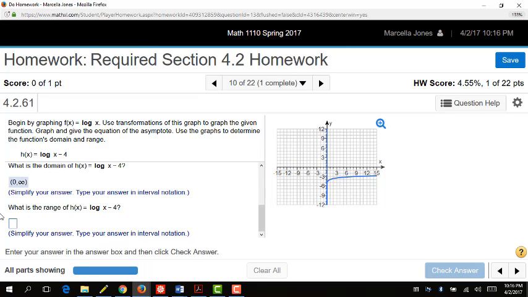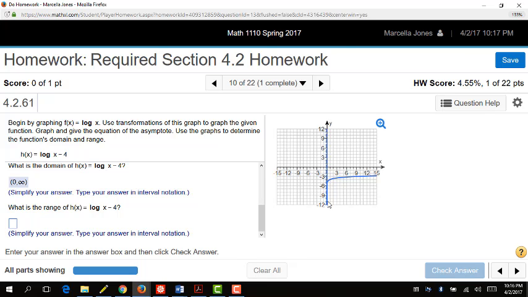And now we're being asked for the range. Now this graph does extend indefinitely. So it rises slowly, but it does rise. I just have to keep extending it. So eventually, I'm going to get every possible y value, whether positive or negative.